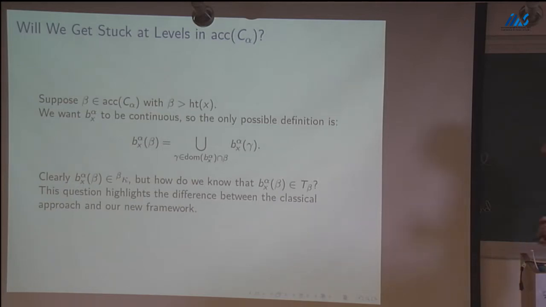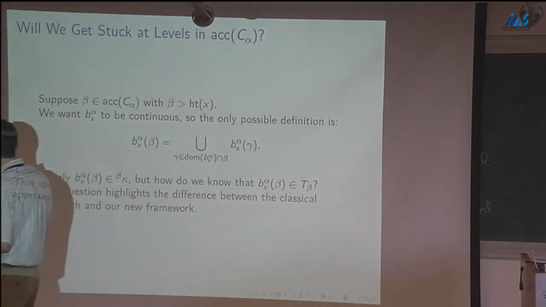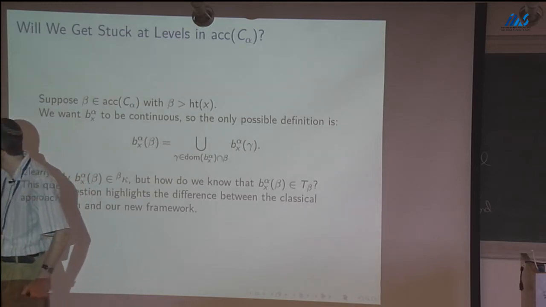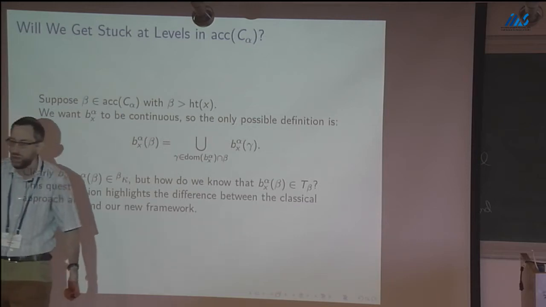You have to make sure that at a level that could be such a limit point, where we want to take a limit of a sequence, that was never a point where we were trying to kill anti-chains. Because if we were trying to kill anti-chains here, there are many points we would not have inserted into the tree in the classical method, and then we can't necessarily expect the point we want to always be there.